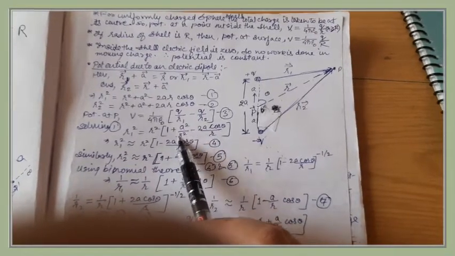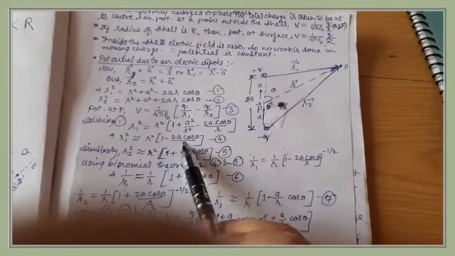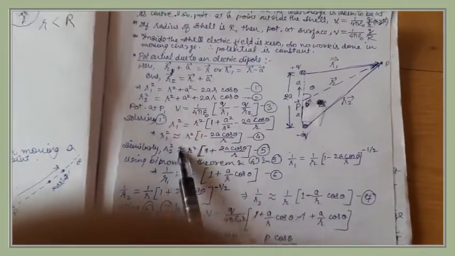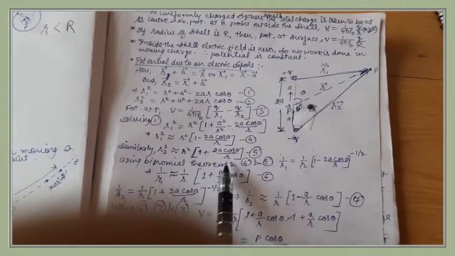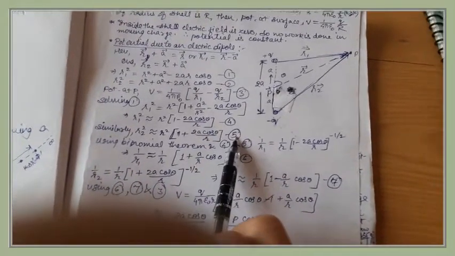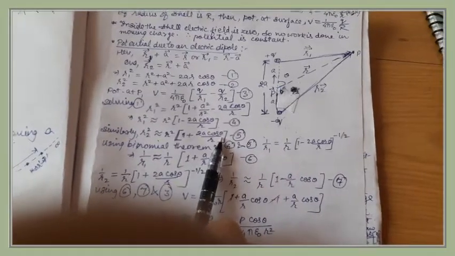This term will be very small. When r is very large as compared to a, this term is very small, so we have neglected it. Similarly, for r2, we take r square common and neglect the middle term to get an approximate value. So equations 4 and 5 give us the approximate values of r1 square and r2 square.